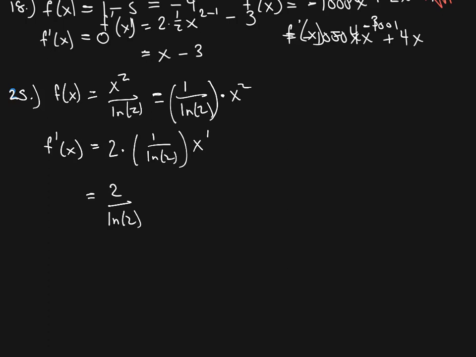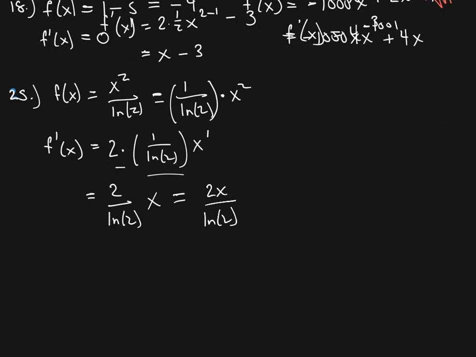This 2 over the natural log of 2, that's what we get when we multiply this and this term, now times x. Right. So of course you could write it this way, that this is 2x over the natural log of 2. So that's one way that you could write that.